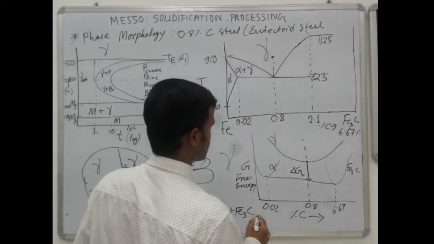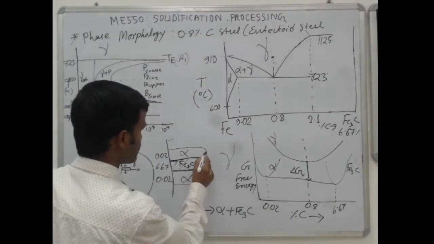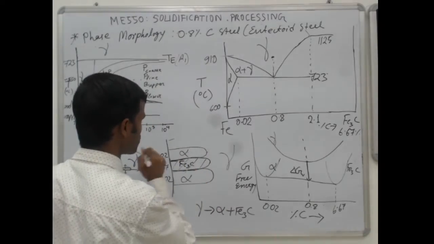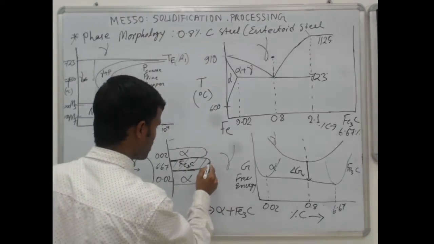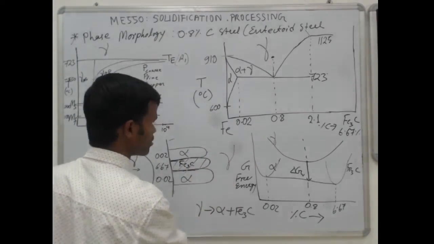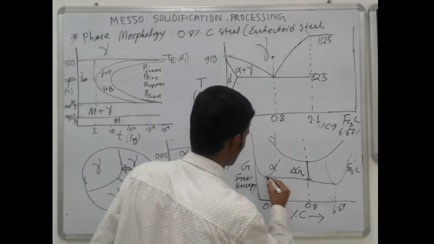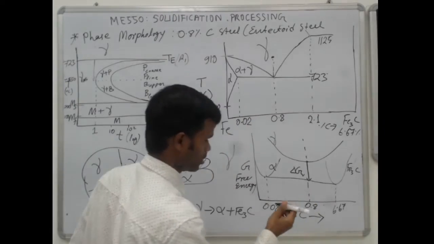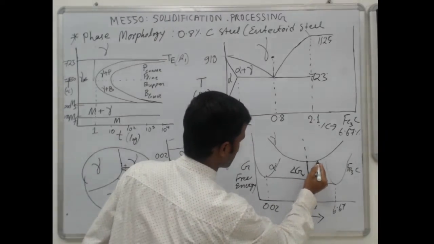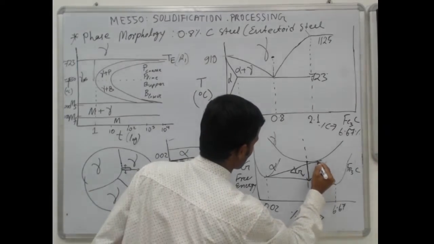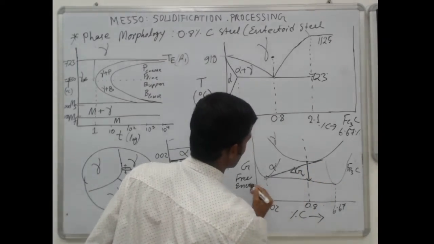Now here gamma is in equilibrium with alpha, but here gamma is in equilibrium with Fe3C. Equilibrium means common tangent. So if you draw a common tangent from this and this, you will get a line something like this.